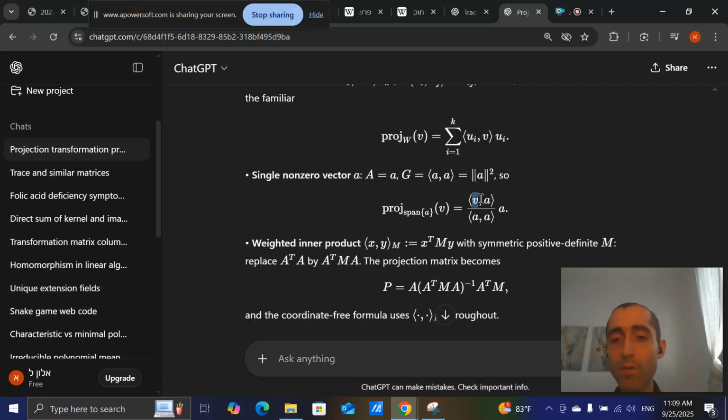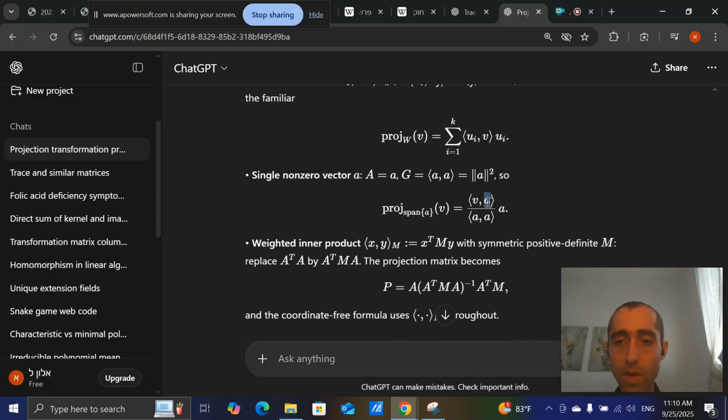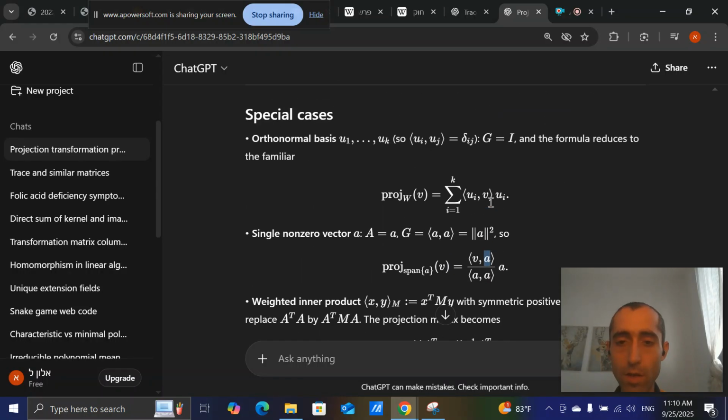You can take a vector that you want to project into a space. For example, let A be the components of the orthonormal, or let's take just a basis, and in a minute we will talk about orthonormal bases.